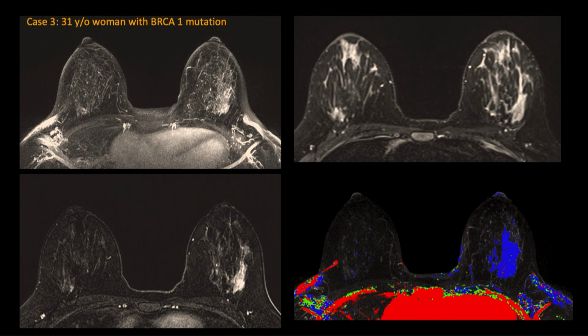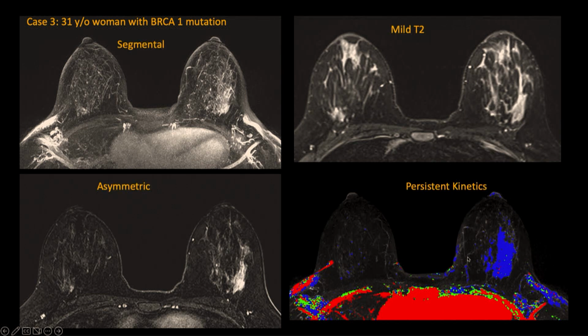In contrast, this is a 31-year-old woman with a BRCA1 mutation. You can see that she has on her MIPs marked background parenchymal enhancement and a more focal area of NME on the left side. There is some mild T2-associated hyperintensity, but on the subtraction images and the kinetics, you can see this stands out.